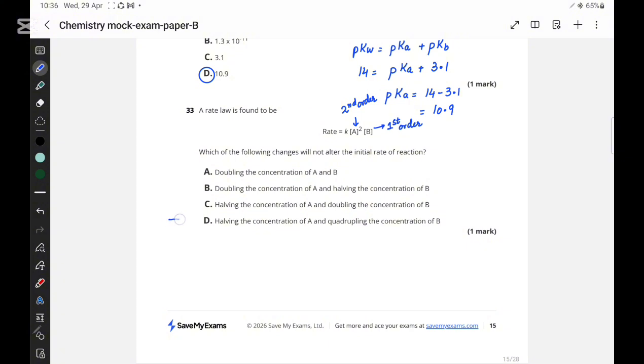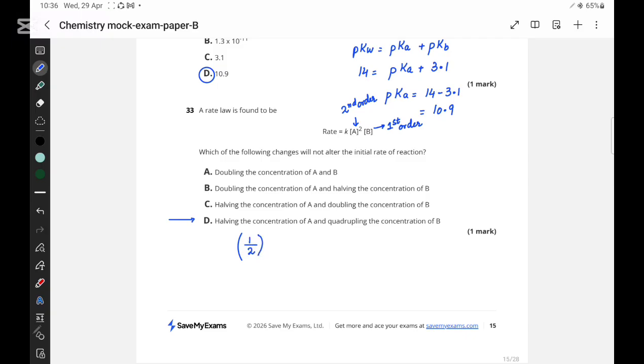So if you see option D, which is saying halving the concentration of A. If you halve the concentration of A, it becomes 1/2.